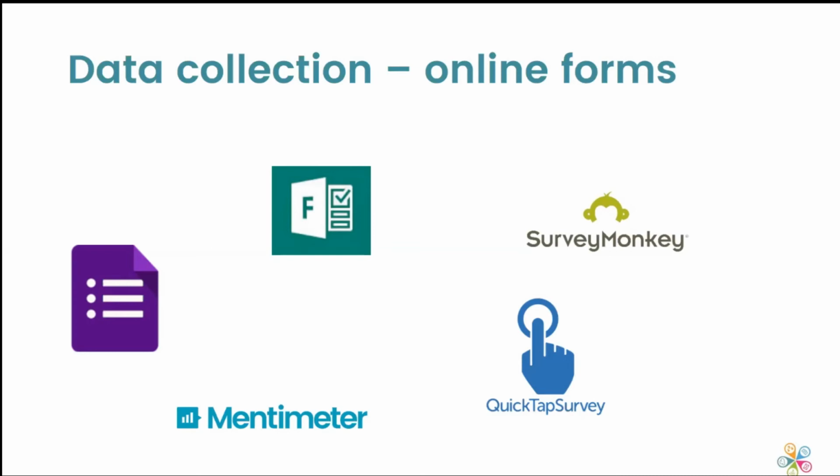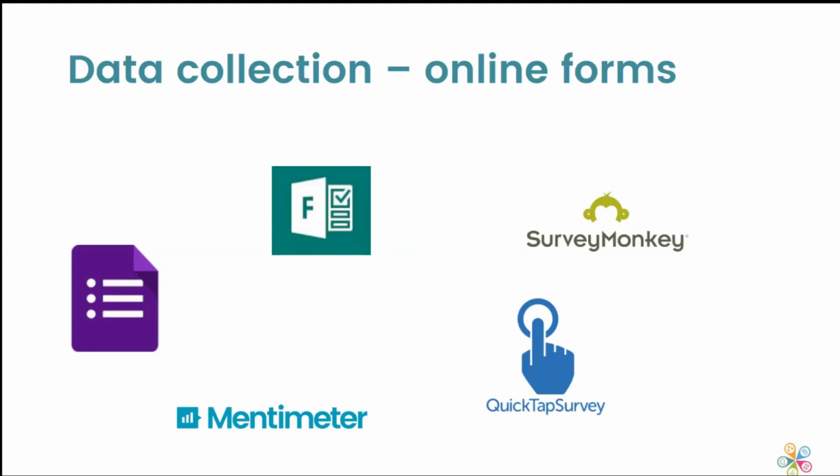Quick Tap Survey, I've added that to the slide because it's an example of an offline survey tool, and our example fits quite nicely within this session. The reason we discovered this was doing some research for a young carers organisation that took the young carers on trips. On their way home on the minibus, they used to hand out paper surveys for them to write and share back what they got out of the trip, what it meant for them.